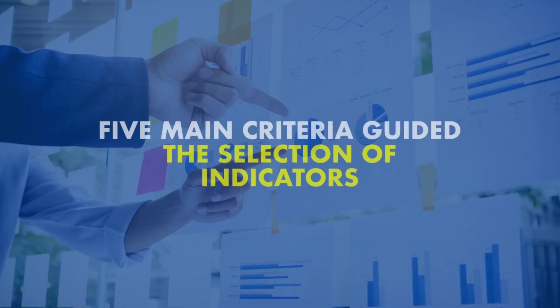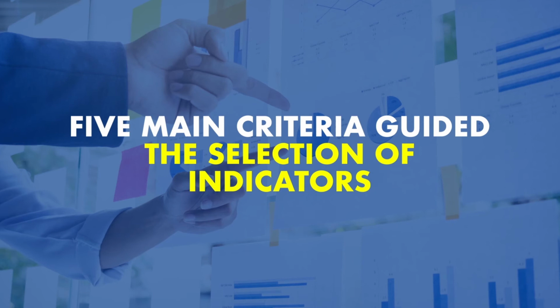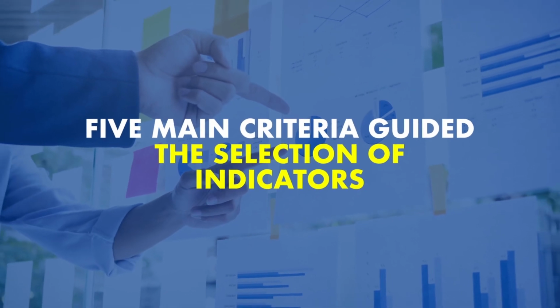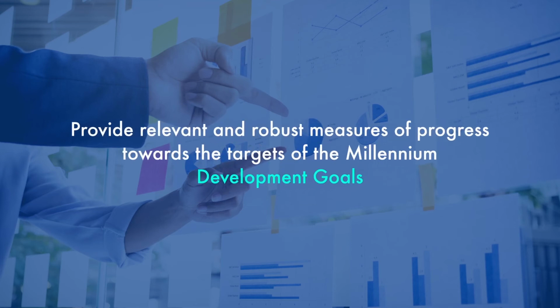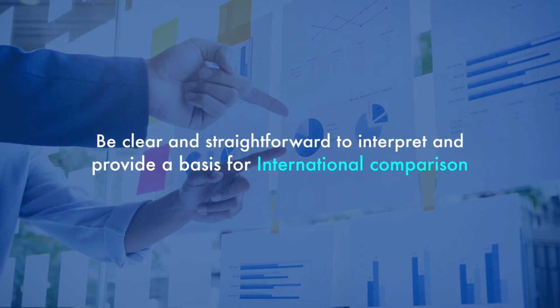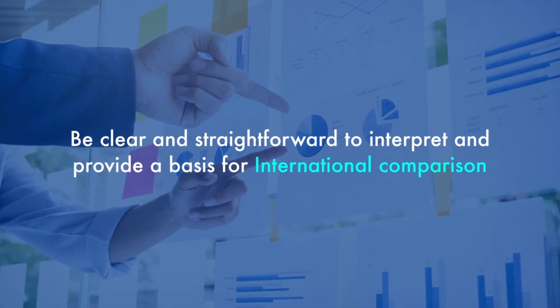When the MDG indicators were developed, five main criteria guided the selection of indicators. First, it provides relevant, robust measures of progress towards targets of the Millennium Development Goals. It should be clear and straightforward to interpret and provide a basis for international comparison.